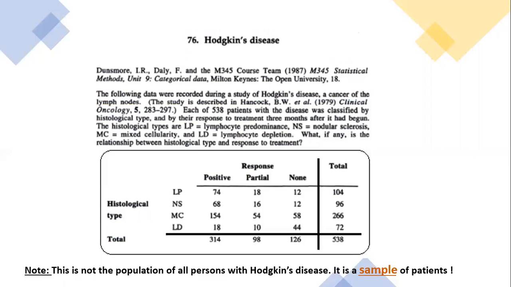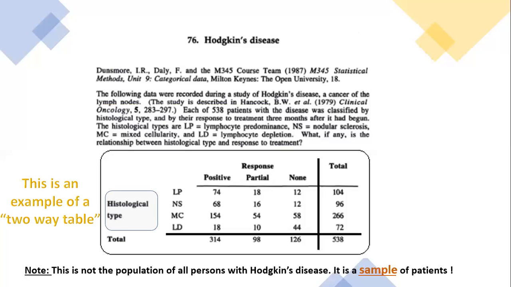in this two-way table. The first of those categorical variables was the histological type of the patient. Each one of these patients with Hodgkin's disease had one particular form of that disease. Some had what was called lymphocyte predominance, which is indicated by the code LP.